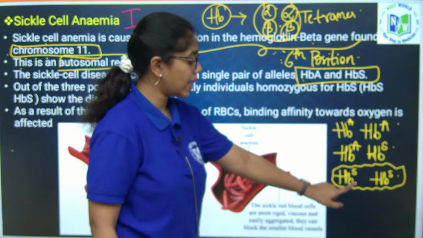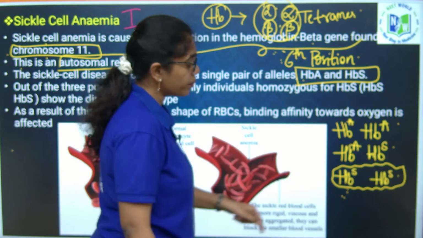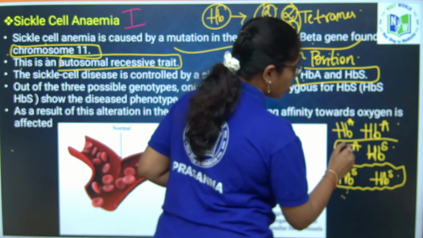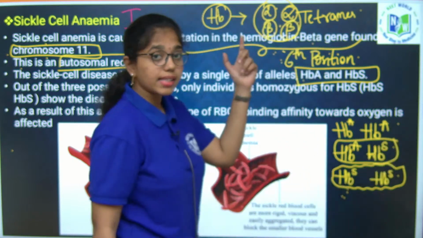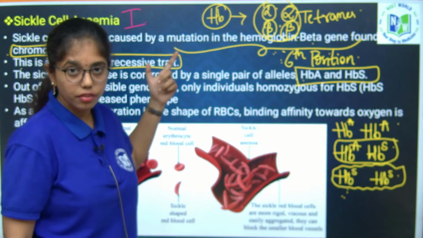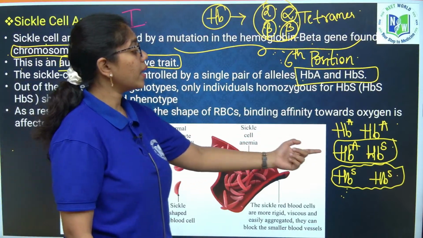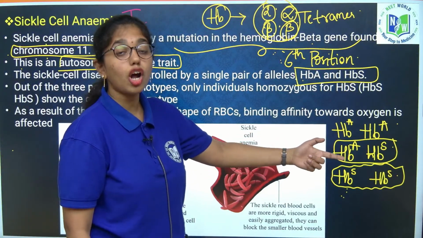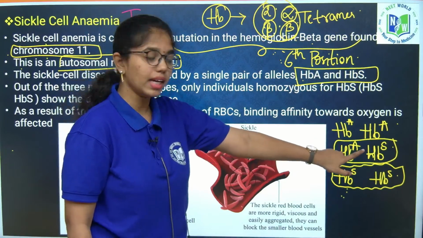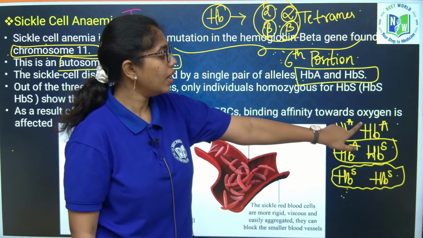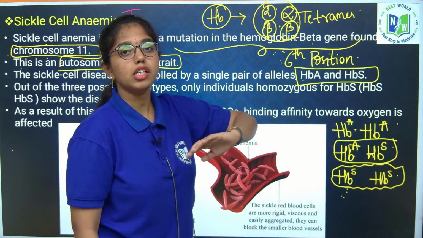Okay, only in the homozygous condition is the disease seen. It is latent in the heterozygous condition. Even in X-linked recessive traits, carrier mothers are latent, wherein the disease is unexpressed, not distinguished in the heterozygous condition, and this is the normal set of alleles where the disease is not seen.